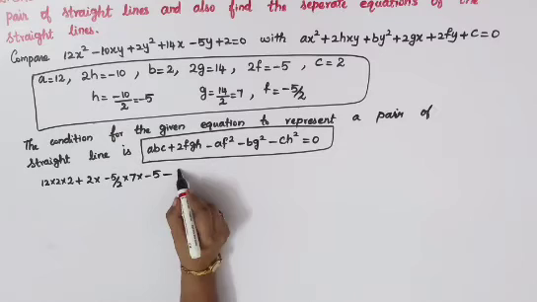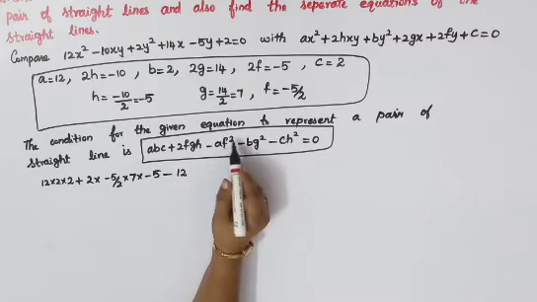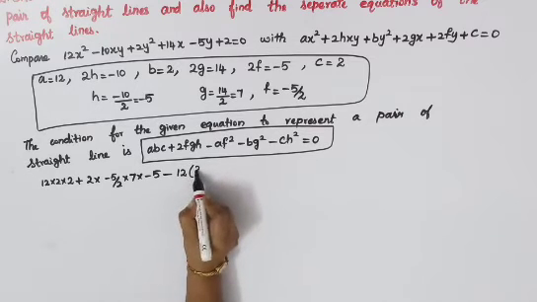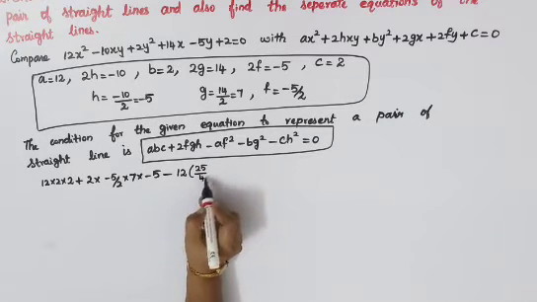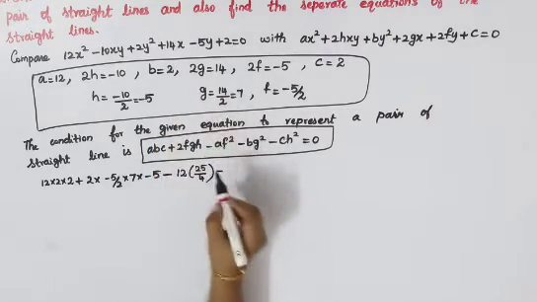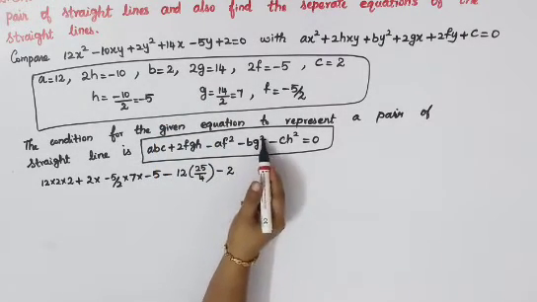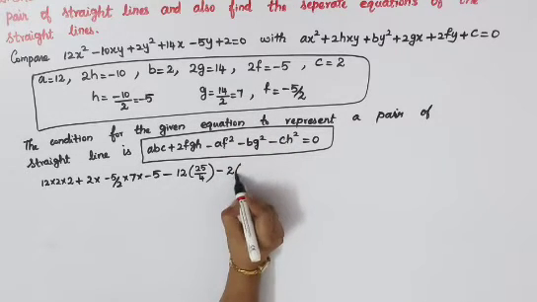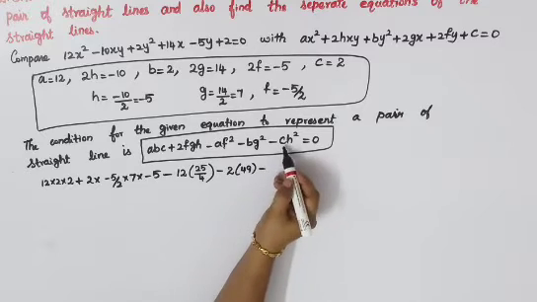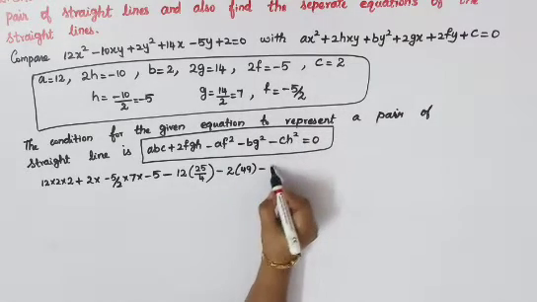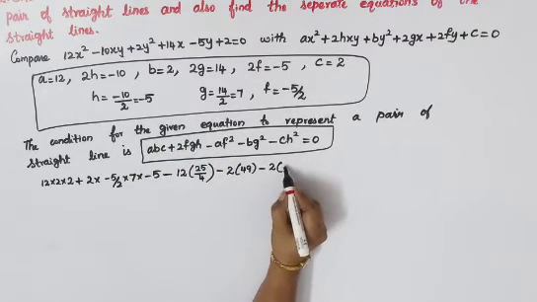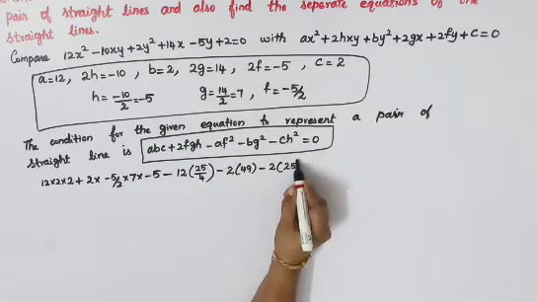So a is 12, f² is (−5/2) squared, so you will get 25/4. Then again minus bg². So b is 2, g² is 7 squared, you will get 49. Then again minus ch². c is 2 into h², h is −5, (−5) squared you will get 25.